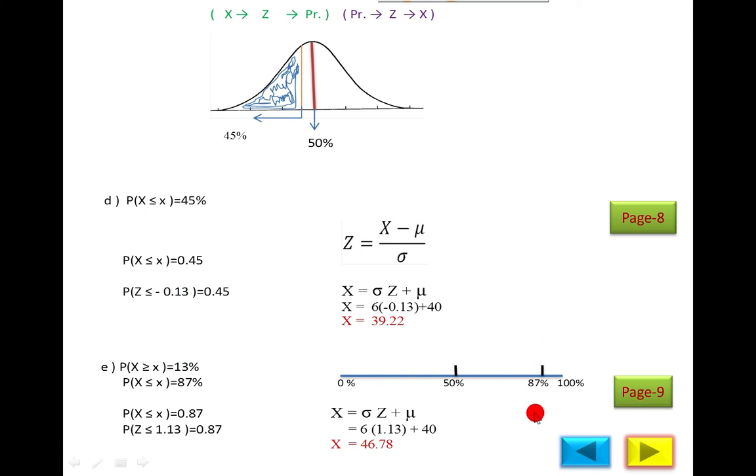According to the question, the above area will be 13%, the value will be equal to 46.78.